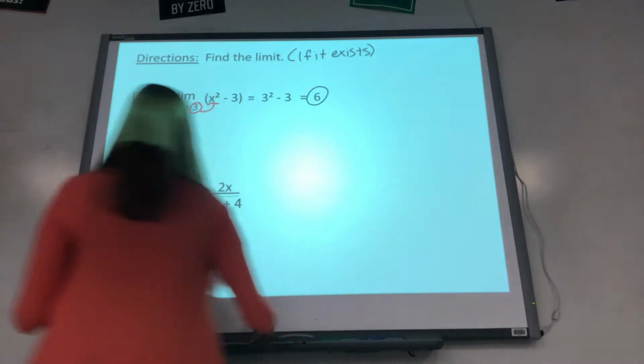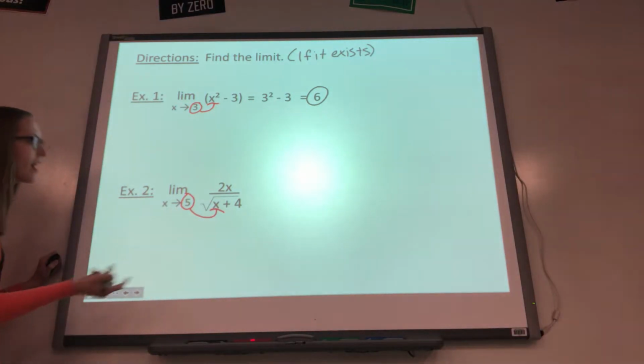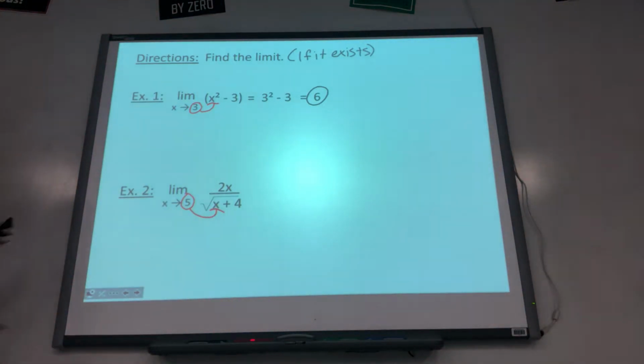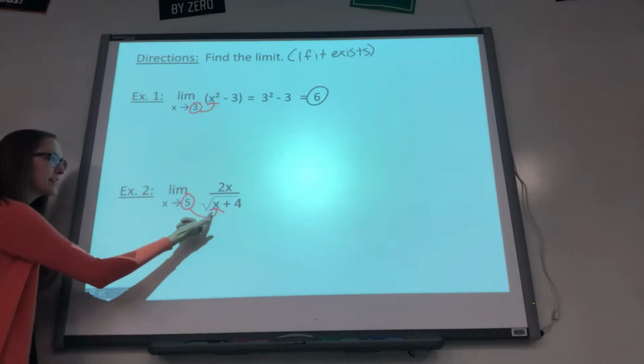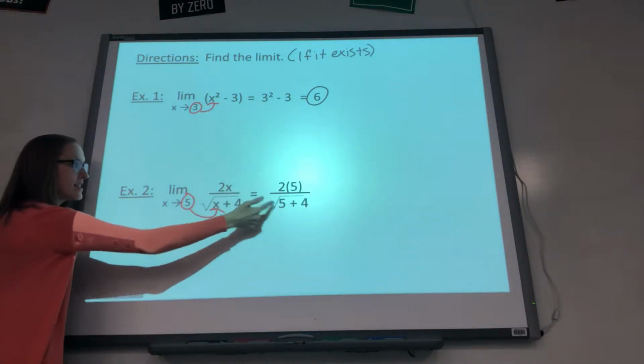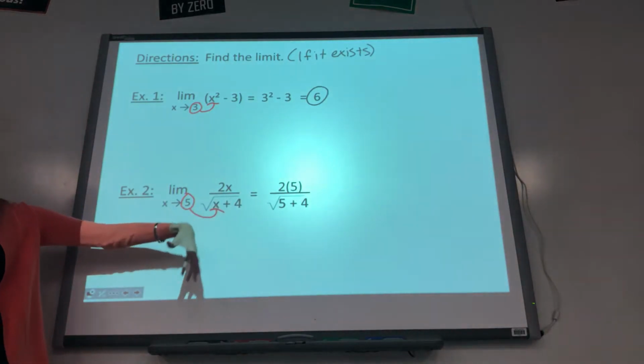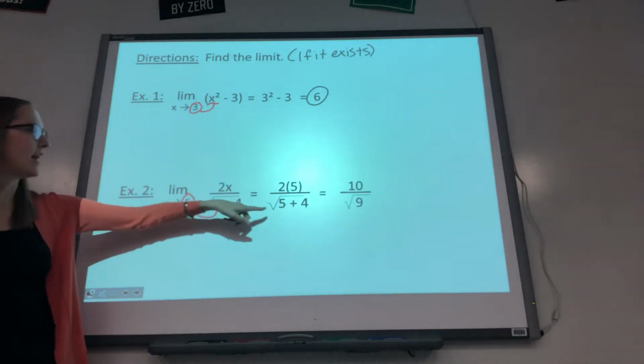Well, Mrs. Street says first thing to do in any limit problem is to plug in the value of x that you're approaching and see if it works. So put a 5 right there. This is now, and on top, this is now going to say 2 times 5 all over the square root of 5 plus 4.